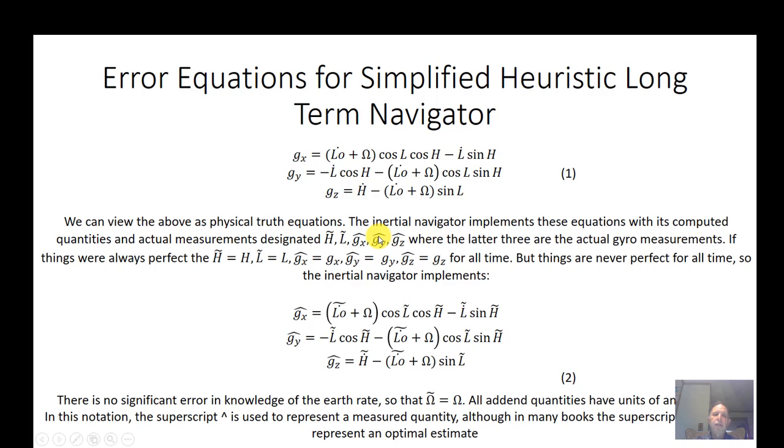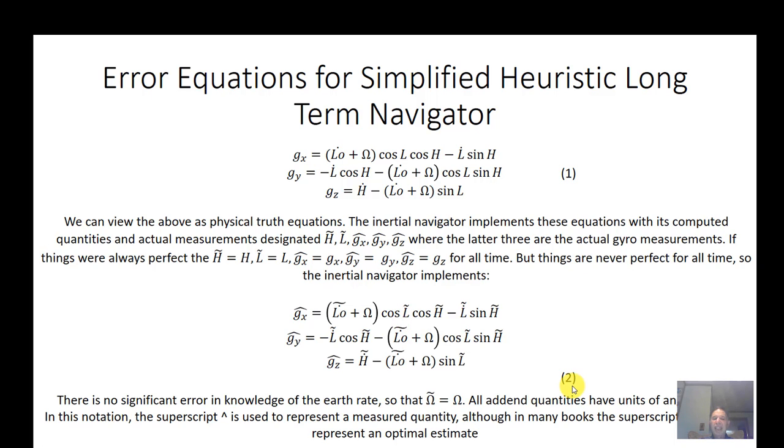So check your notations in terms of what book you are using, and sometimes these notations are not used consistently. So we can say, substituting into equation 1, that the measured gyroscope outputs are equal to the indicated outputs, utilizing the same equations, and that gives you equations 2.